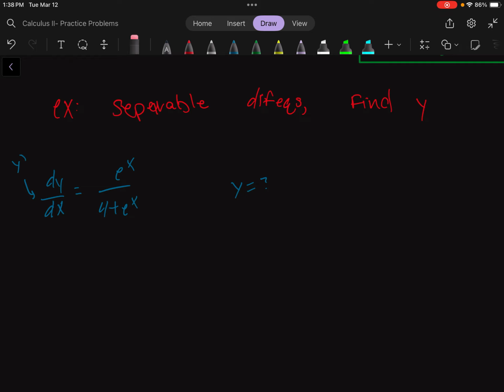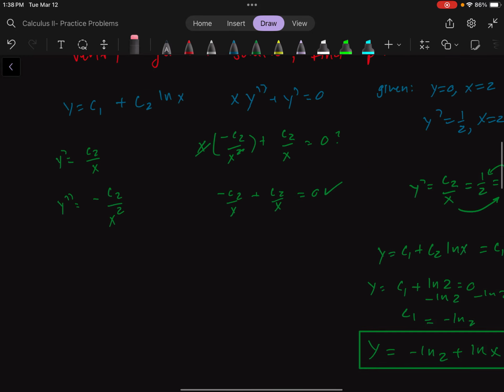Except we can work backwards using integration to find y, right? So, like in the previous example, imagine they gave us this right here, and they said work backwards to find y. Well, we could integrate it and get this, and when we integrate this, we're going to get a C1 from that last integration, right?